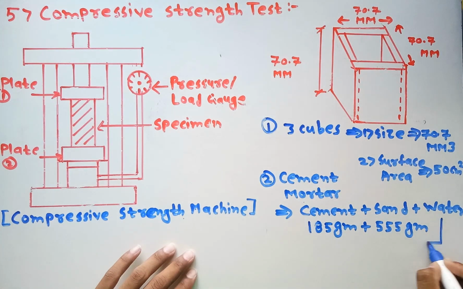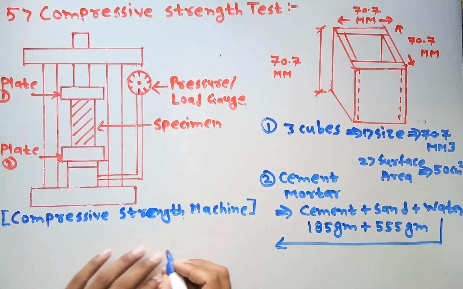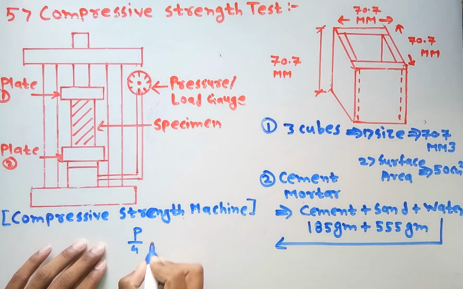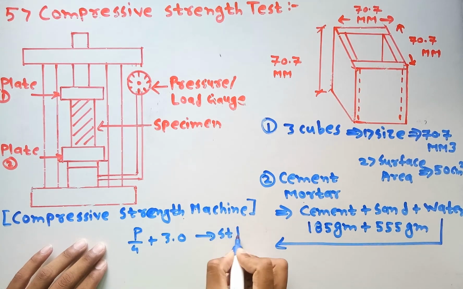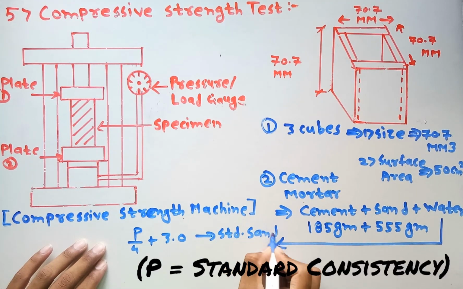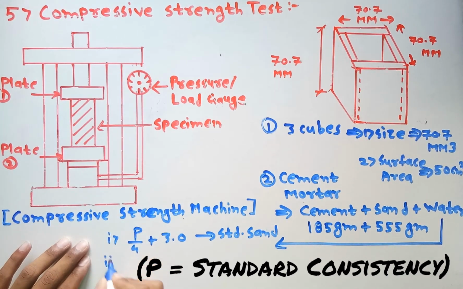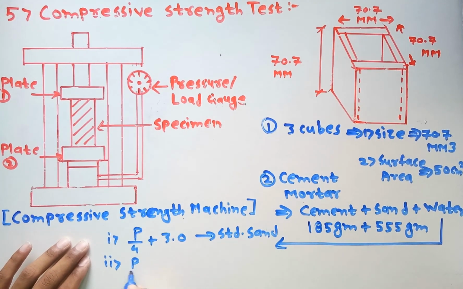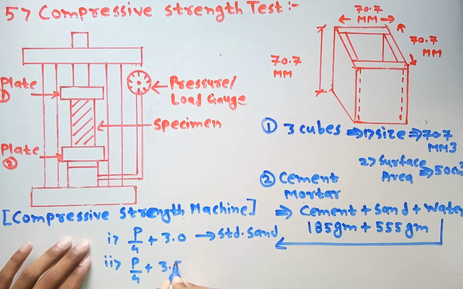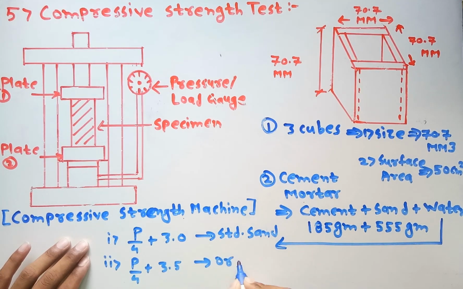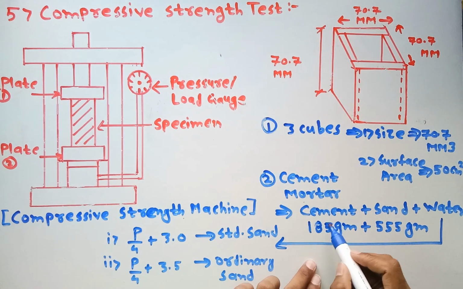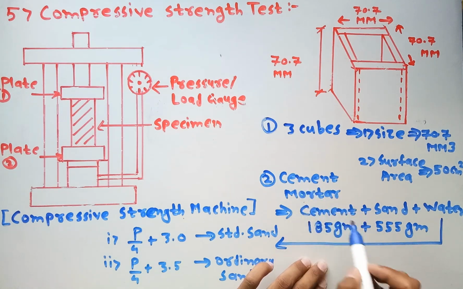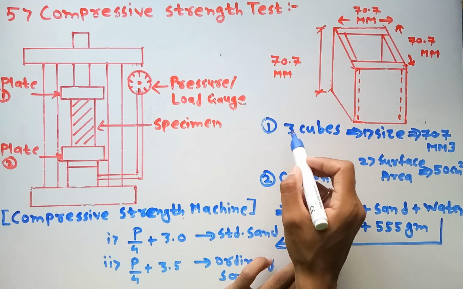And the water we use is P by 4 plus 3.0 in case of standard sand, and the alternative, P by 4 plus 3.5, if we use ordinary sand. So this is the basic proportion kept to form the cement mortar, and through this we fill all these 3 cubes.